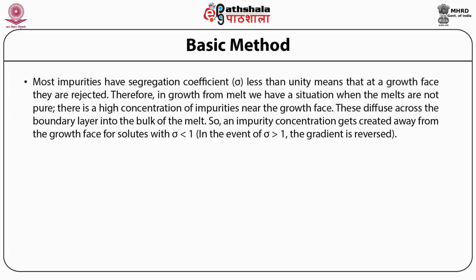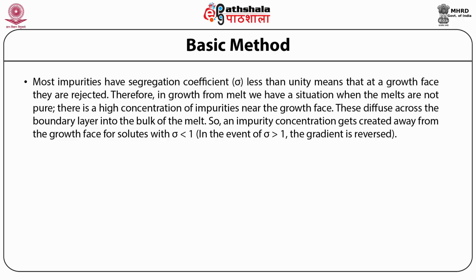Most impurities have segregation coefficient sigma less than unity, which means that at the growth phase they are rejected. Therefore, in growth from melt, we have a situation where the melts are not pure. There is a high concentration of impurities near the growth phase.